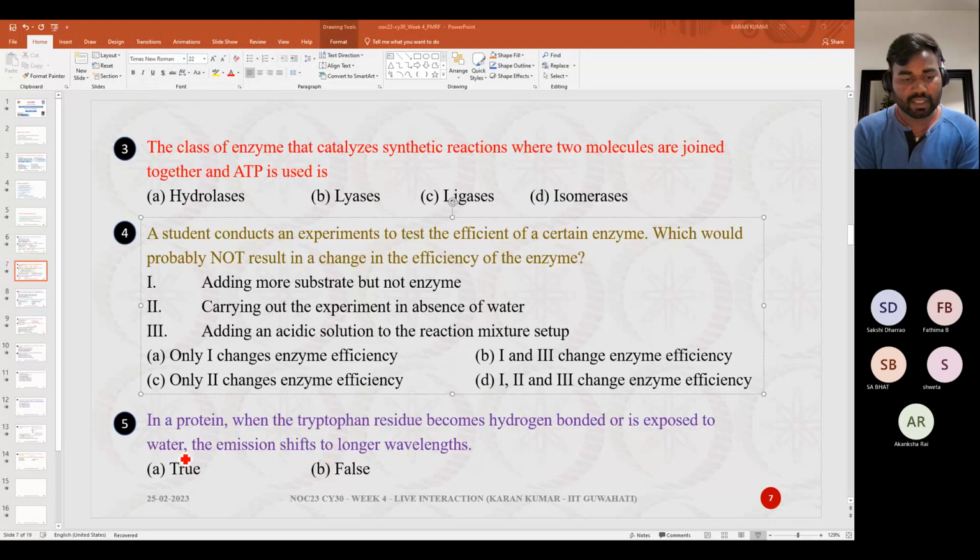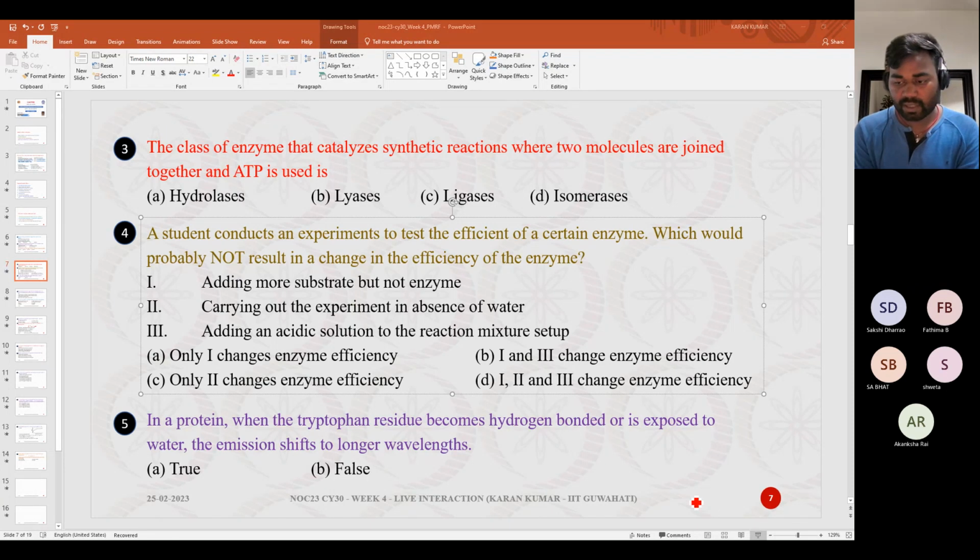So the question is, when the tryptophan residue is in a particular environment, if it is hydrogen bonded or exposed to the water, will it shift the emission wavelength to a longer wavelength or not?